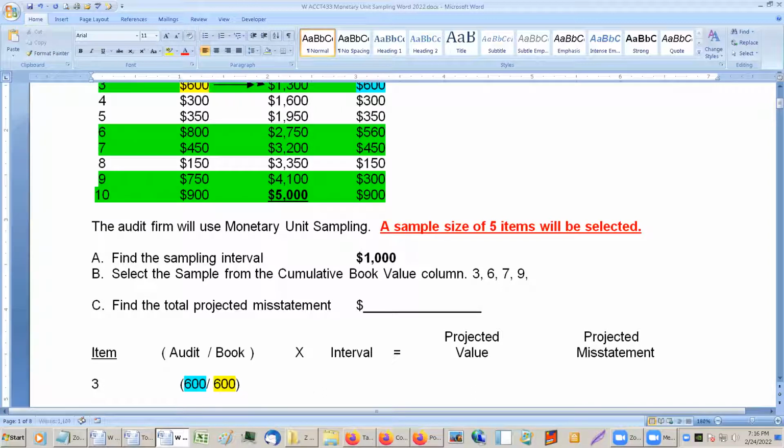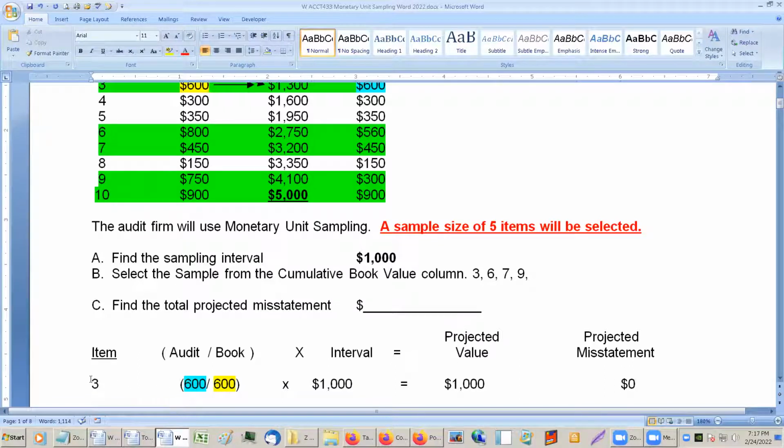The interval was 1,000. So the projected value will be 1,000. And the projected misstatement will be 0, because everything's okay.